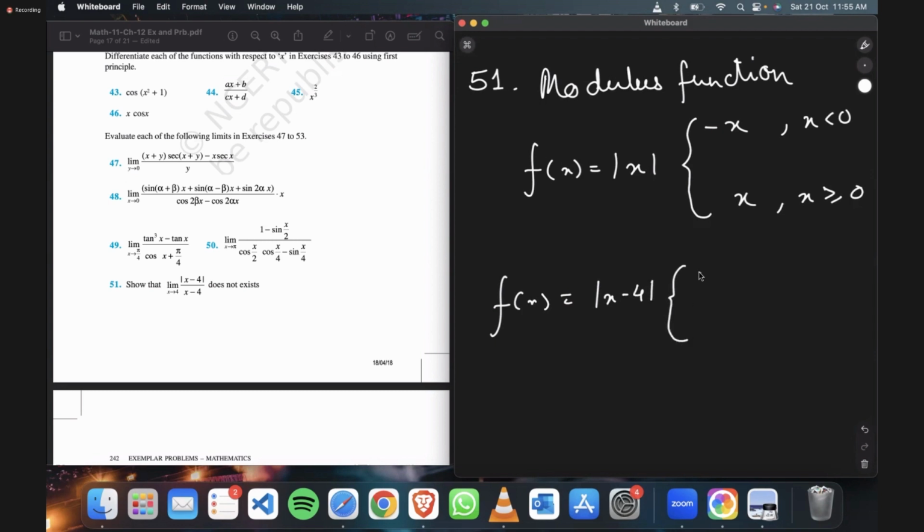So it will return a value of minus times x minus 4 for what? For x minus 4 being less than 0. That means that x is less than 4, and it will return a positive value x minus 4 for x being greater than 4. All right. So this is what this value returns me. So I'll just open that. We have to show that the limit does not exist.